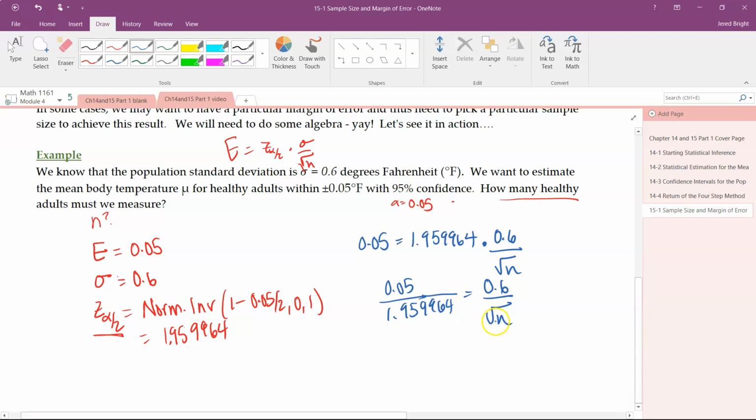Now, solving for n, I cross multiply. You might know how to solve this sort of proportion differently, but I get 0.05 square root n is equal to 0.6 times 1.959964.